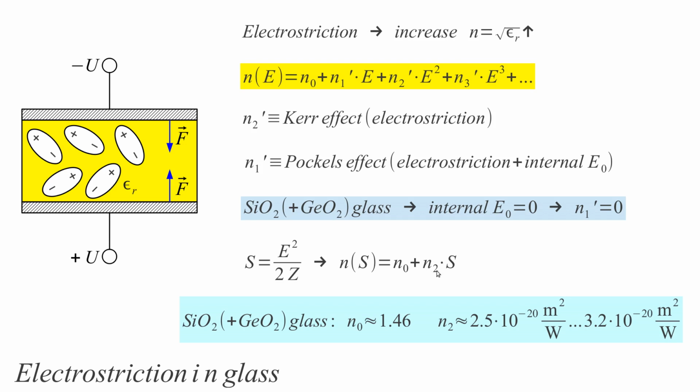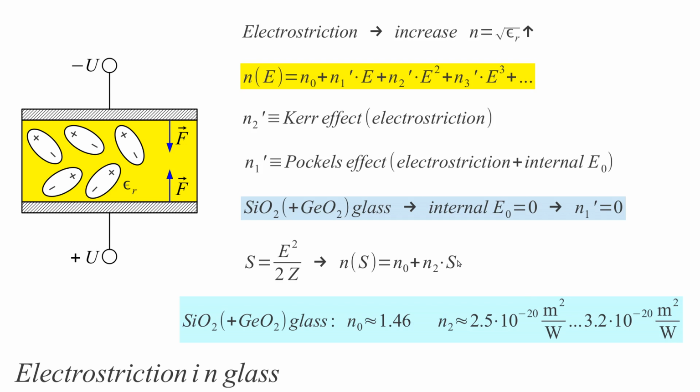Here N2 means the second order effect, N2 times S, where N0 is 1.646 for silica glass, and N2 is very small, 10 to the minus 20th power of meters squared per watt.